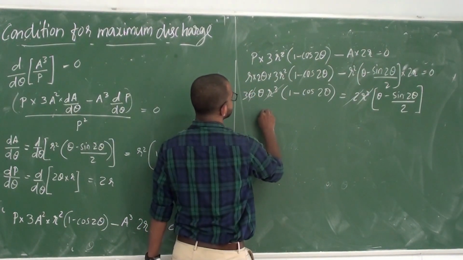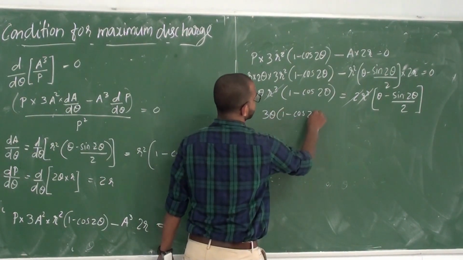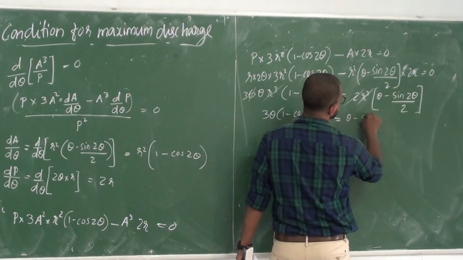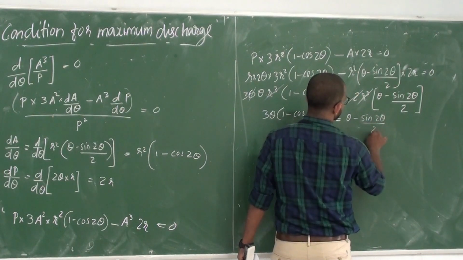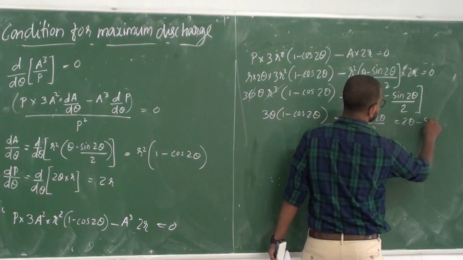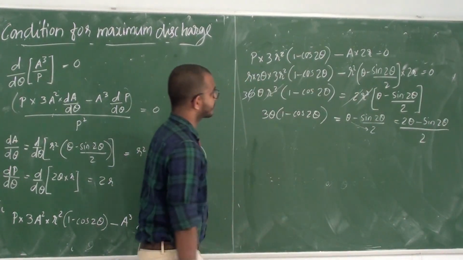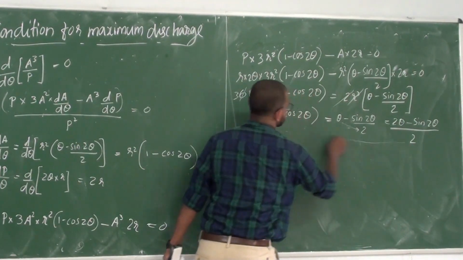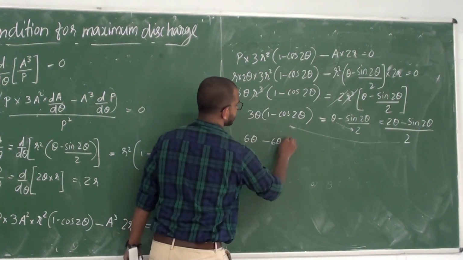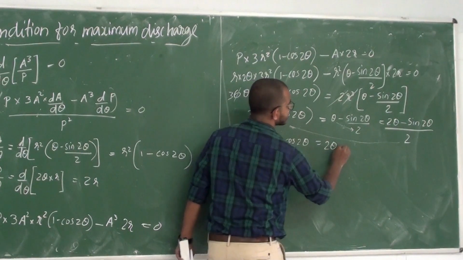So 3 theta into 1 minus cos 2 theta equal to theta minus sin 2 theta by 2. So if we bring this 2 here, that is 6 theta minus 6 theta cos 2 theta equal to 2 theta minus sin 2 theta.